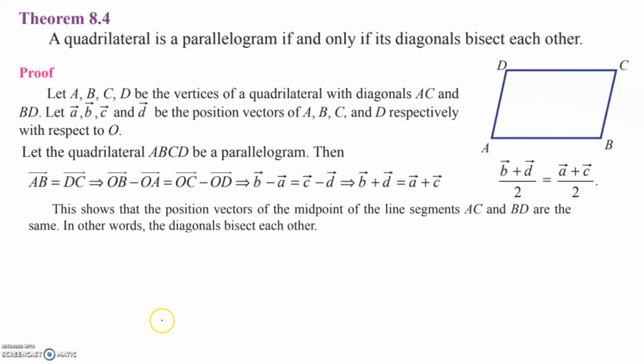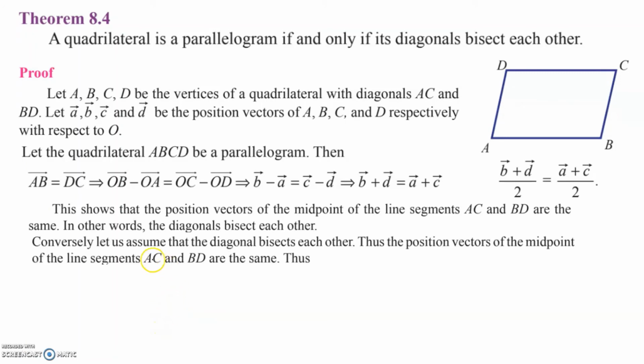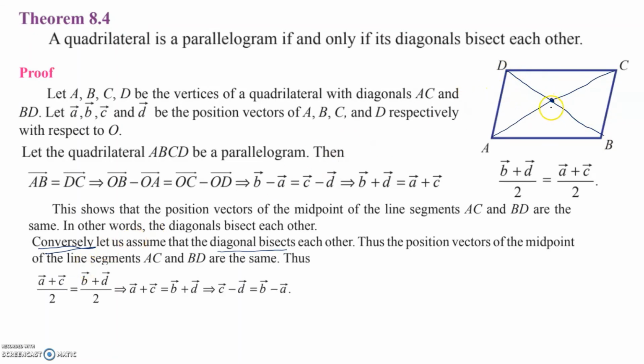Next, conversely, let's assume that the diagonals bisect. Let's draw the diagonals again, and let's say that the diagonals bisect. If these diagonals bisect, we're going to prove that the opposite sides are parallel. For the diagonal BD, the midpoint position vector would be B plus D by 2, which we already saw how to do.